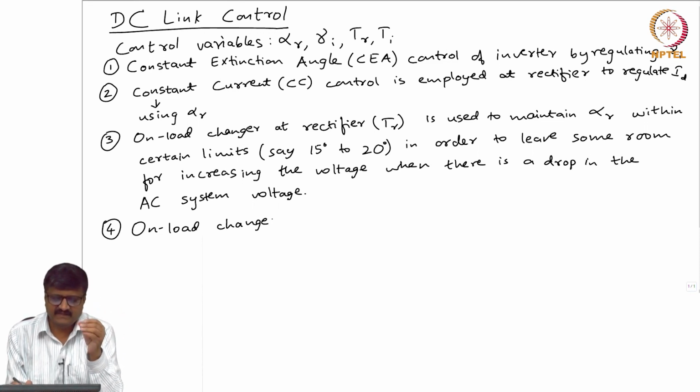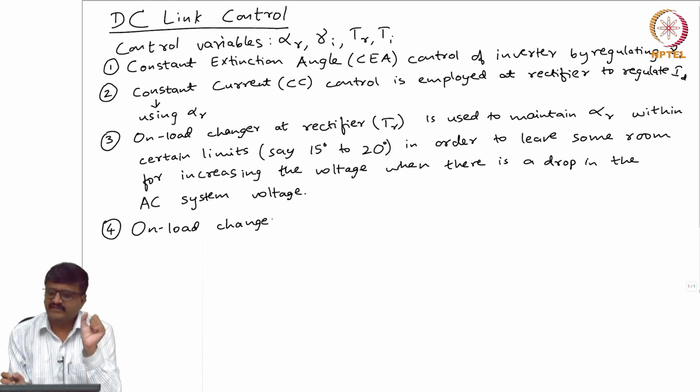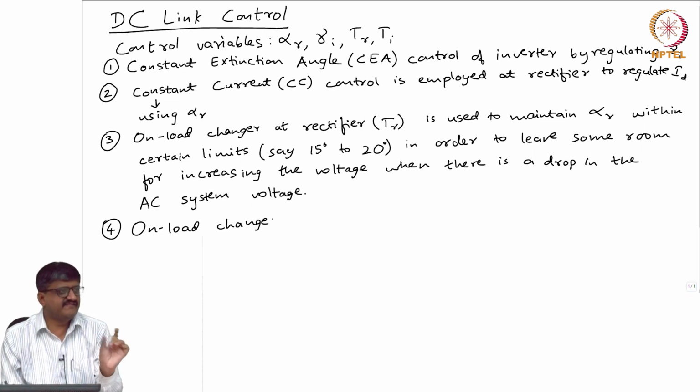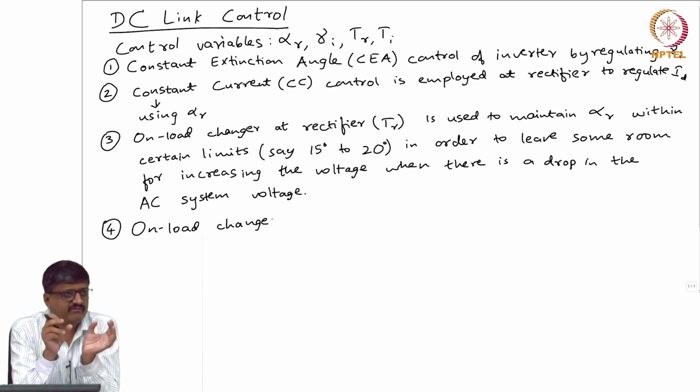For example, TR is used to maintain alpha R within a certain range. Similarly, constant current control means there is no range, the range is of 0 width; ID is regulated at a certain value. Most of the times when we talk about control in power systems, we are talking about either maintaining some quantity at a desired value, or maintaining it within a desired band.